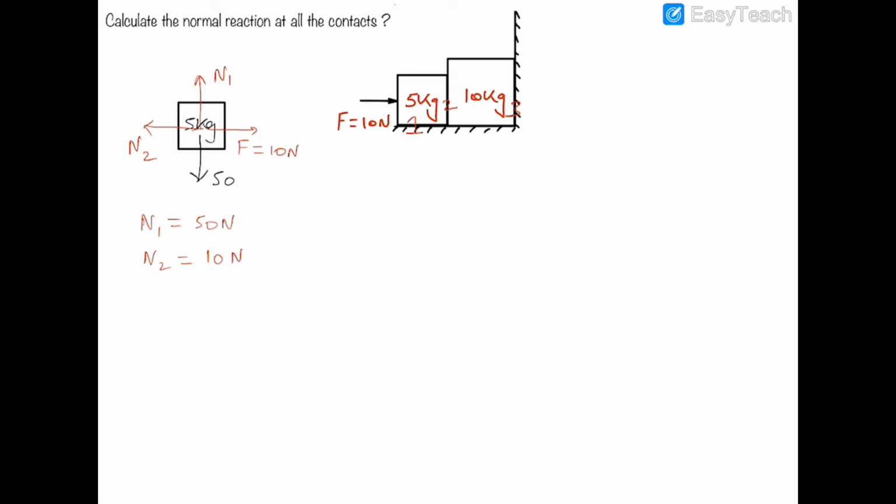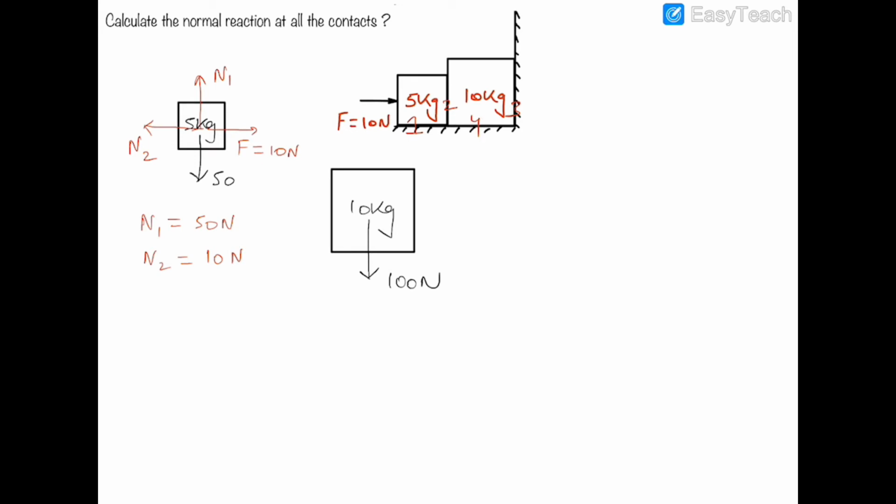Now if we draw the free body diagram of the 10 kg block, this is the 10 kg block, and mg would be acting on this block in the downward direction, 100 Newton, and the normal reaction of the floor. I forgot to name this also. This is the 4th contact, this one.